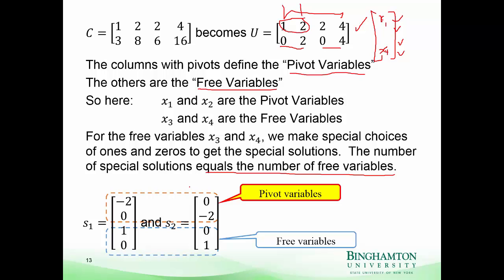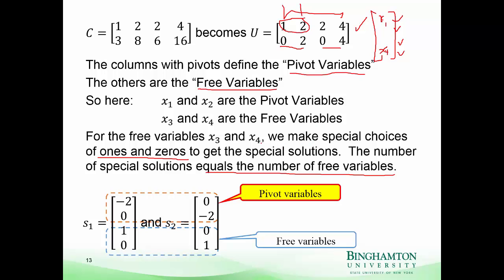So for our case, we can easily find these special solutions by simply setting our free variables appropriately. We're saying up here that we very cleverly pick some combination of 1s and 0s to make these special solutions.